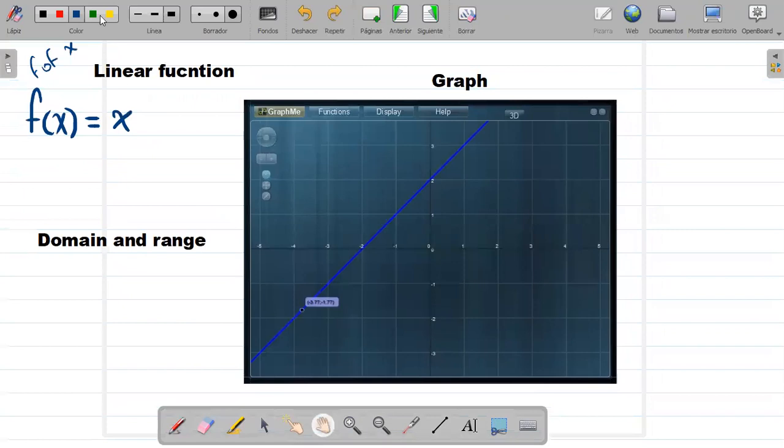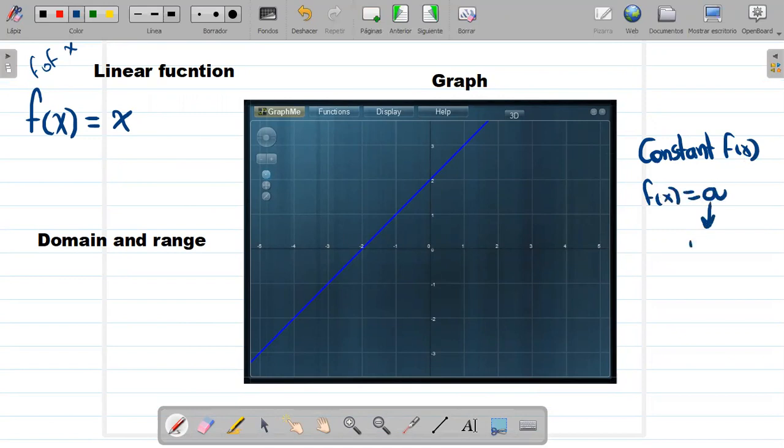So I will add it over here, and that way I think you will probably understand better the idea of the domain and the range too. So I'm going to talk about the constant function, and the constant function is practically a function that works with a number. A is a real number.